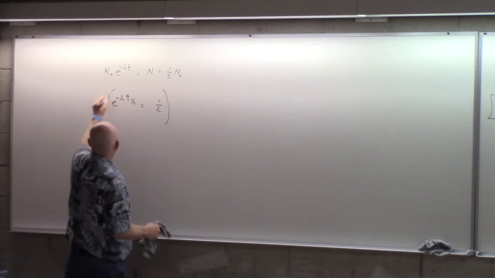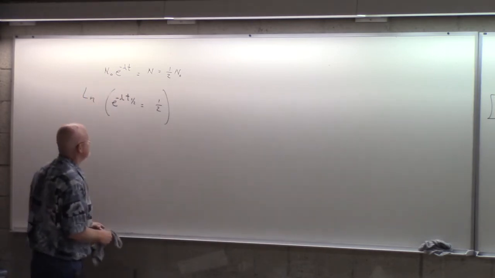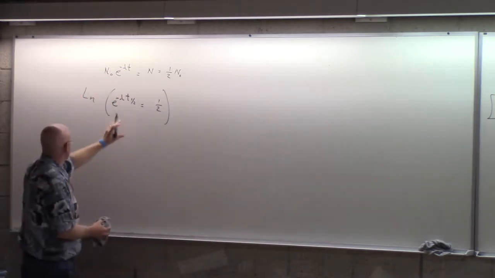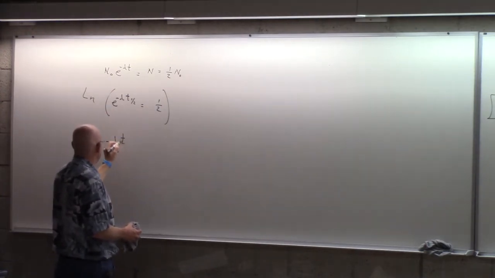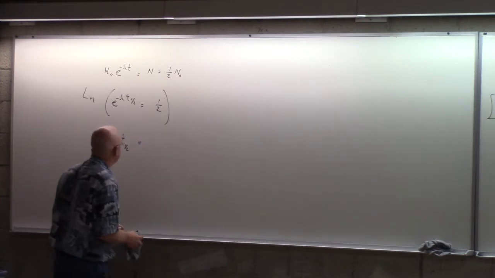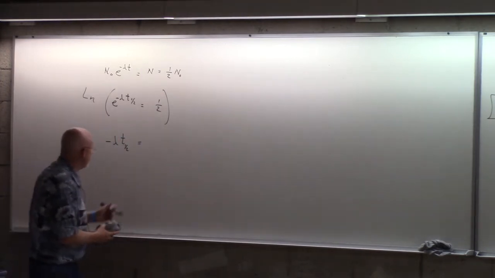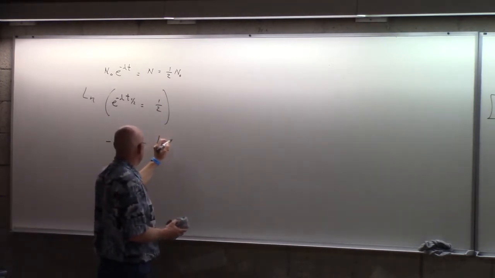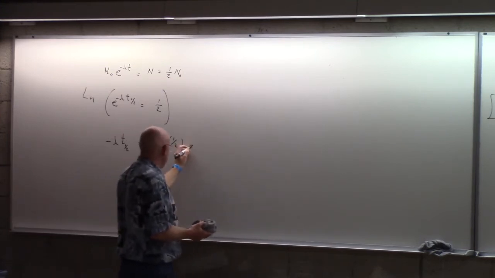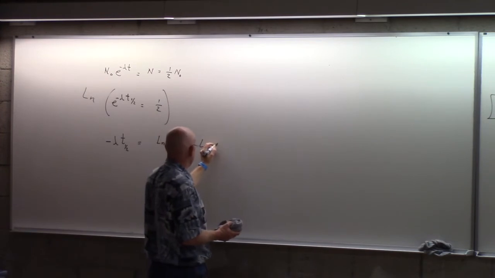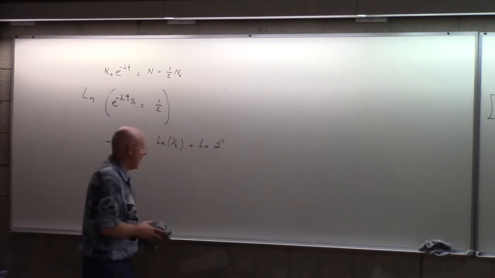So that's where the natural log comes into play. And so on this side of the equation, I would get minus lambda t to the 1/2. And on this side of the equation, I would get the natural log of 1/2, which I'm going to write as the natural log of 2 to the negative 1 power.